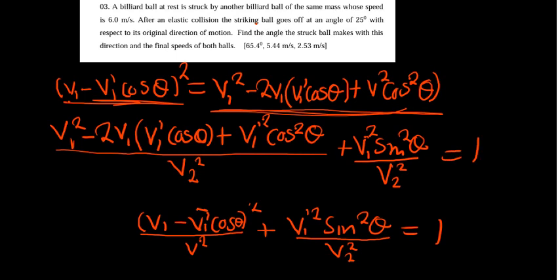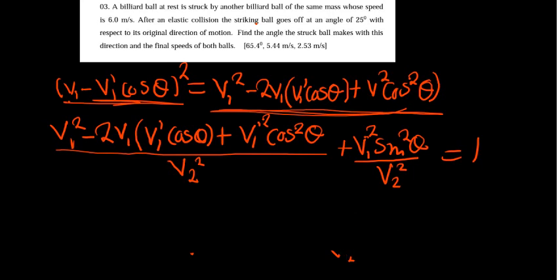Alright. We can try to get rid of the v2 in the denominator by multiplying this whole equation by v2 squared.